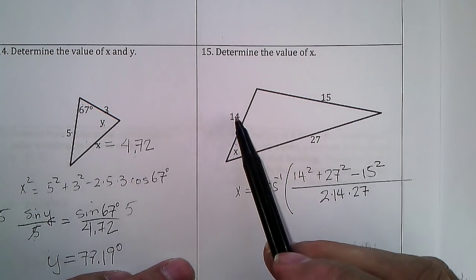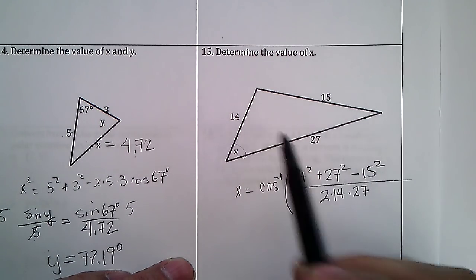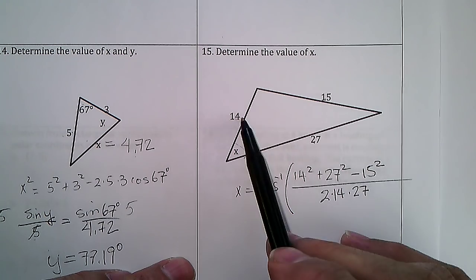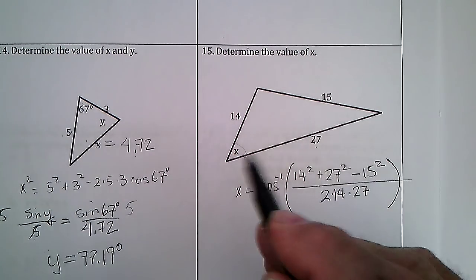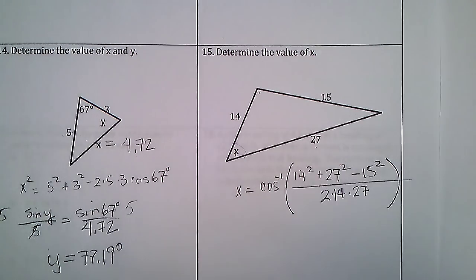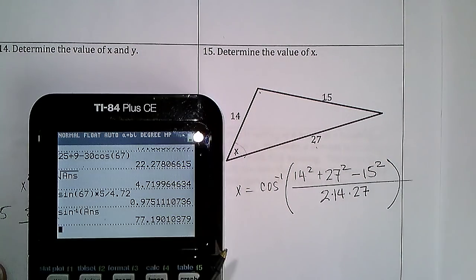And is this a triangle? This would be 29 and 27. So this is a really big angle. These are really close to that. So we should get a really small answer for this angle and a big angle there. So let's see what we get.